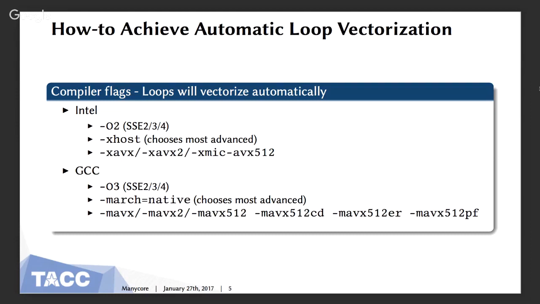GCC has a very similar setup, but vectorization does not kick in for it until you get up to optimization level 3. You can get the most advanced instruction set using the -march=native flag with the compiler. And then it also has corresponding vectorization flags that Intel does. So -mavx instead of -xAVX, not that big of a difference. AVX2 is similar.